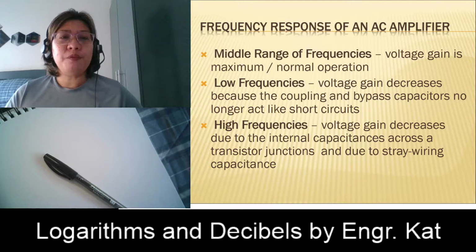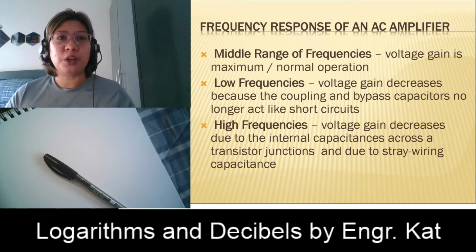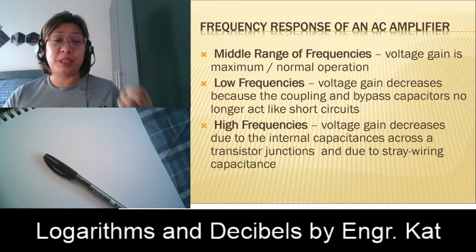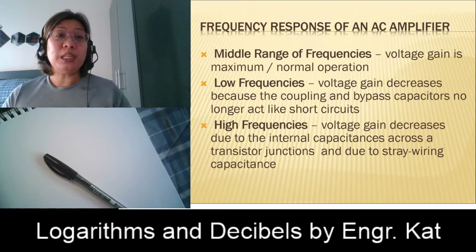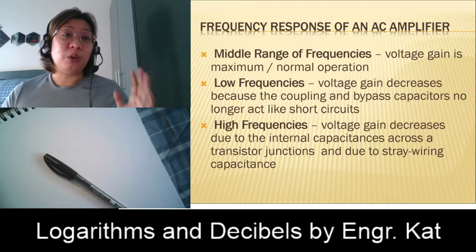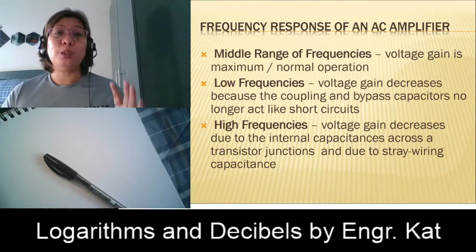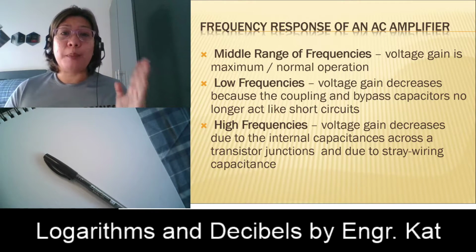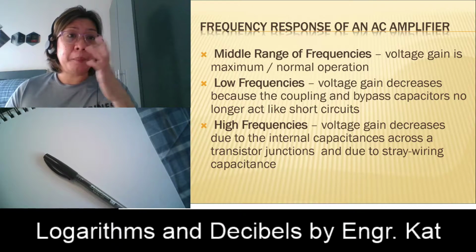In our previous discussions, we just said that your capacitors are shorted at AC, but in fact, they will be shorted only at a certain specific frequency. If we do not reach that specific frequency, your capacitor is not automatically shorted.